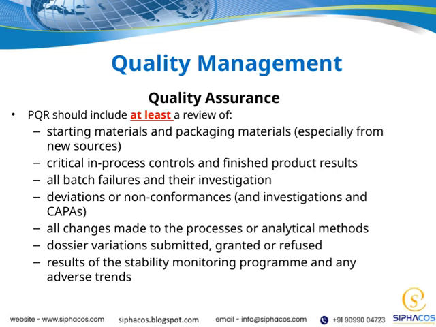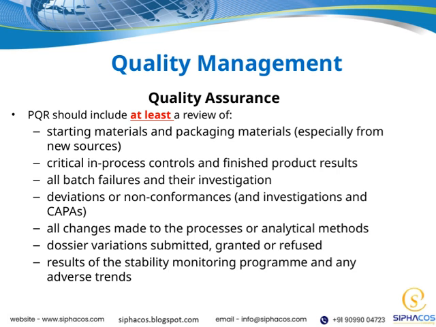We also review any batch failures, digging into their investigations to understand root causes and prevent recurrence. Deviations or nonconformances are another crucial aspect. We ensure they've been properly investigated and that appropriate CAPAs, or corrective and preventive actions, have been implemented.